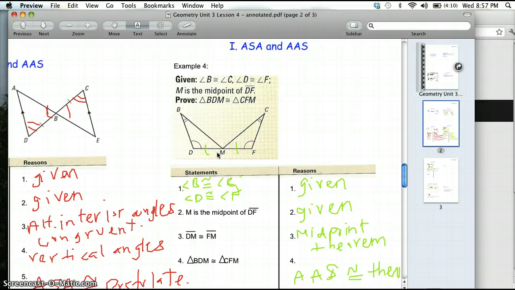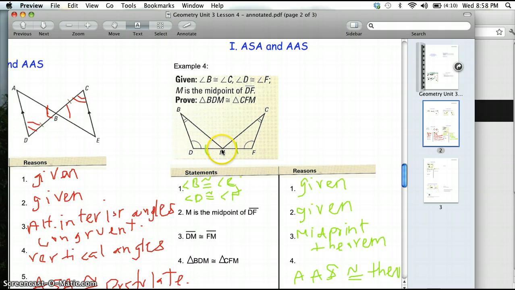So, let's write our statements. Angle B is congruent to angle C, got that here, and angle D is congruent to angle F. That was my statement, and that was given to me. That's the reason. It was also given that M is the midpoint of DF. So again, the reason I put given.